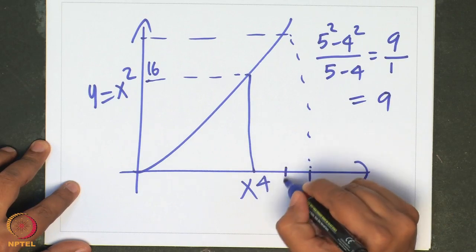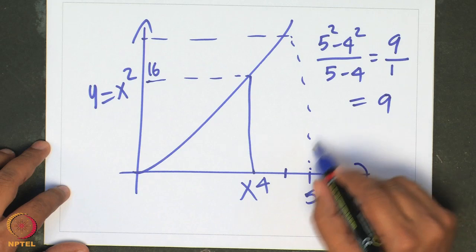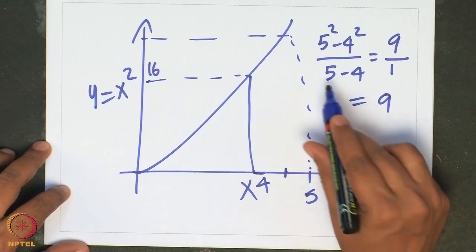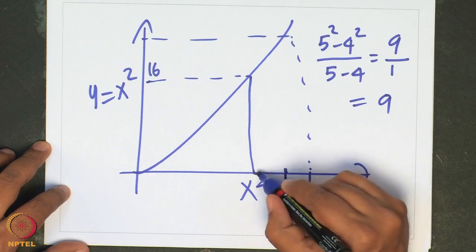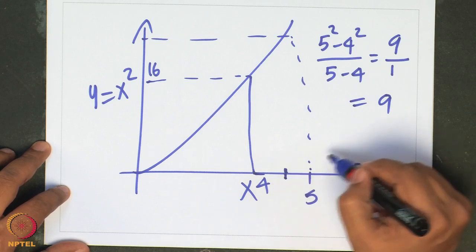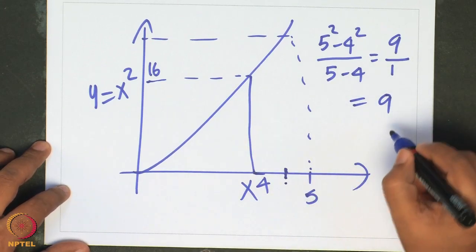Now you can calculate between 4 and 4.5, just like we did. So I urge you to do this. Calculate the slope between 4 and 4.5. So you will get 4.5 square minus 4 square divided by 4.5 minus 4. You will get an answer which is smaller than 9.